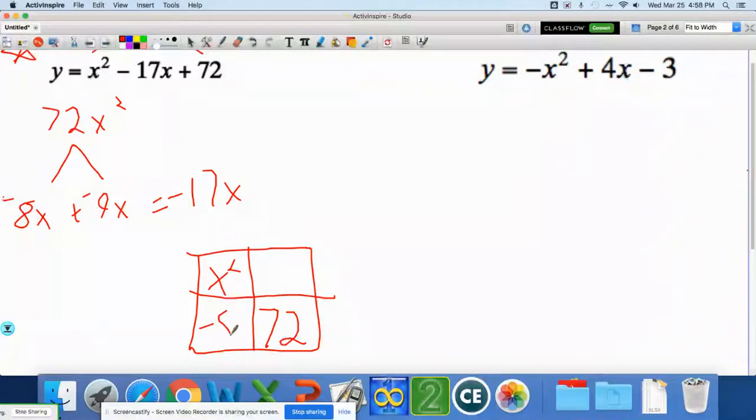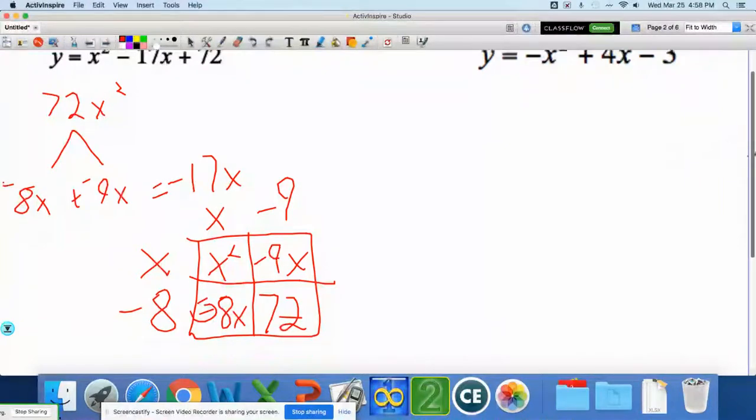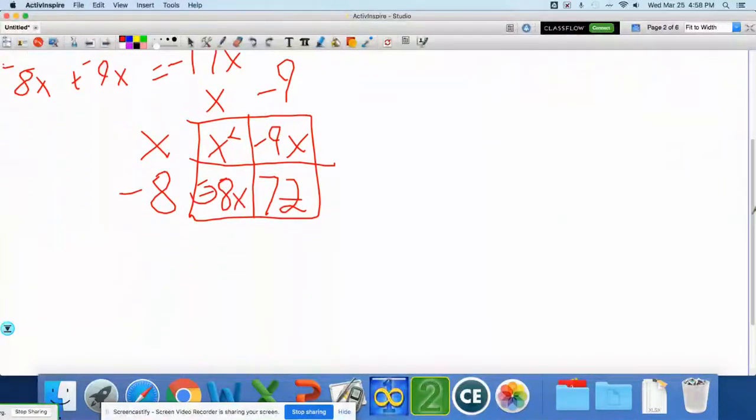Our new terms, negative 8x, negative 9x, and we're going to run greatest common factor here. We get an x out of the top row. We get a negative 8 because this is negative. We get an x, and we get a negative 9. Thus, our factored form is now x minus 8 times x minus 9.